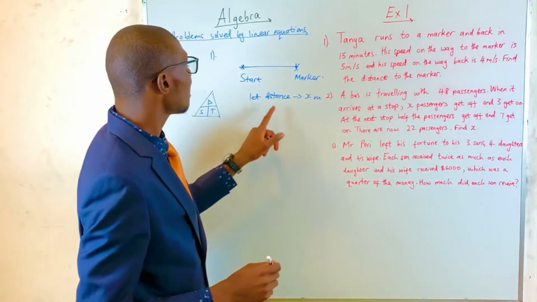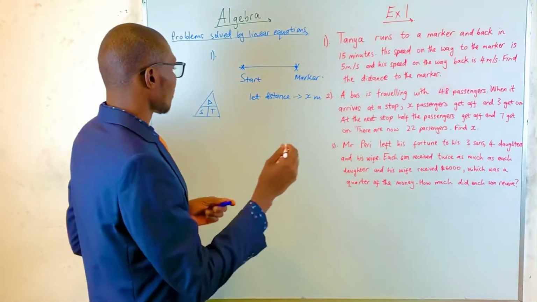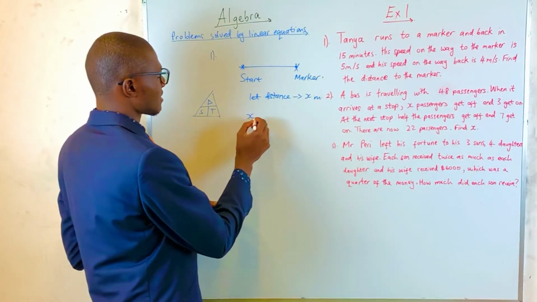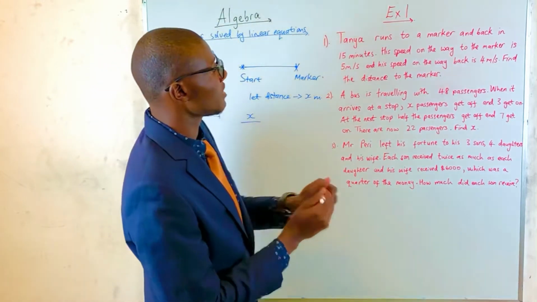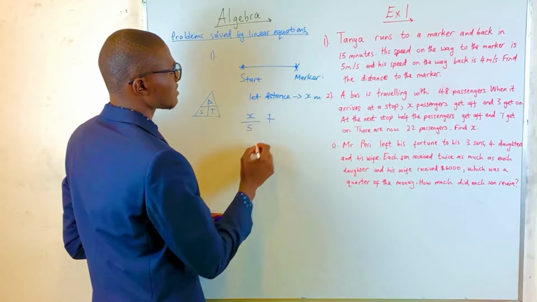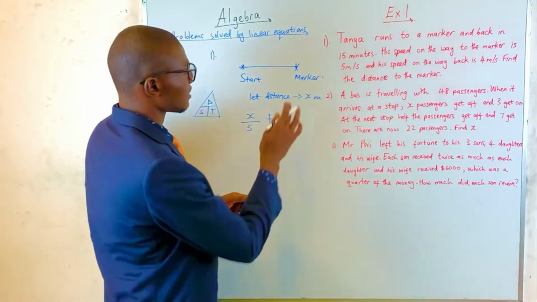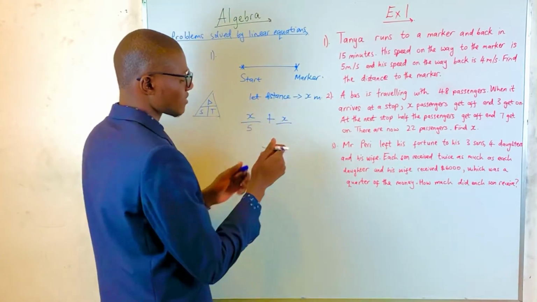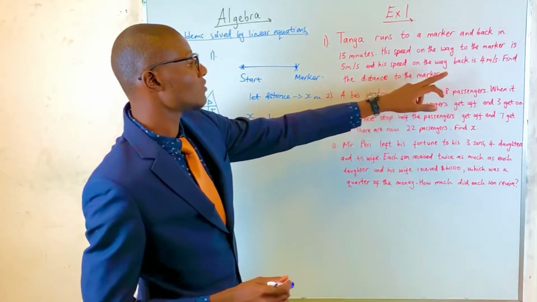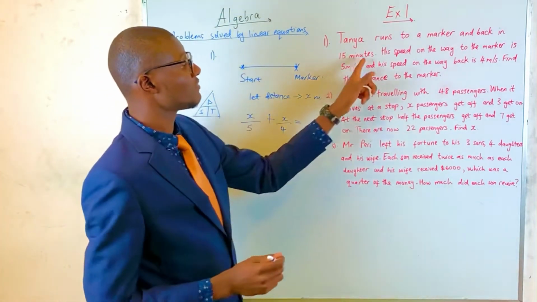From the start to the marker, we've got distance x over the speed on the way to the marker, which is 5 meters per second, plus from the marker back to the start, the distance is still unchanged, x over the speed on the way back, which is 4, and this we're told is equal to 15 minutes.